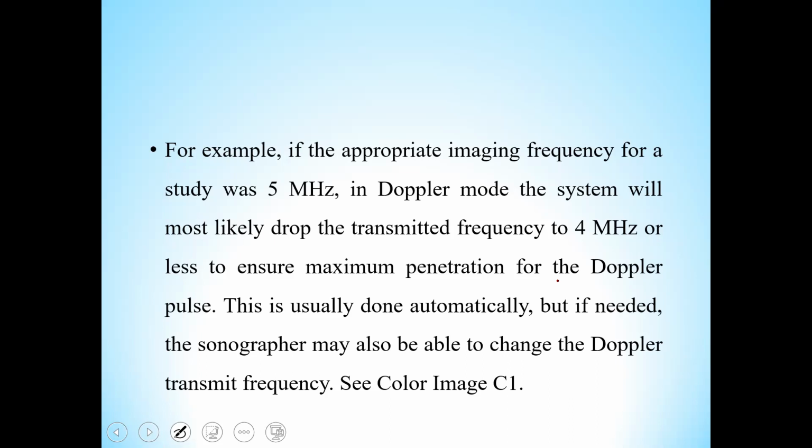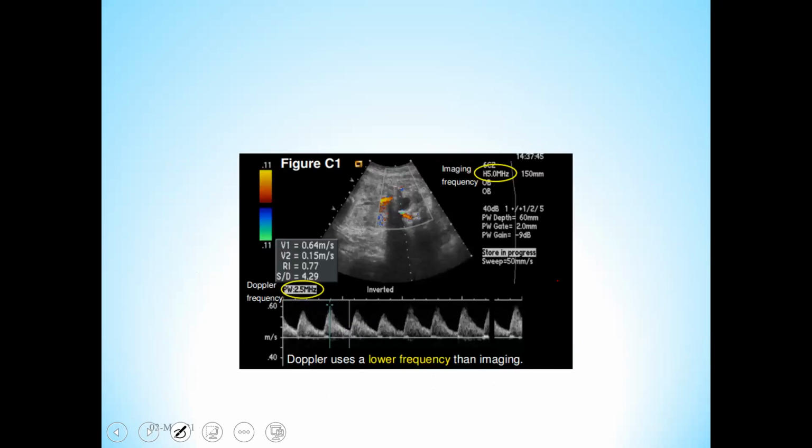Here you can see the frequency is written over here, and this image of 5 megahertz frequency is used for the grayscale imaging. But whenever you are using Doppler over here, 2.5 megahertz frequency is used.